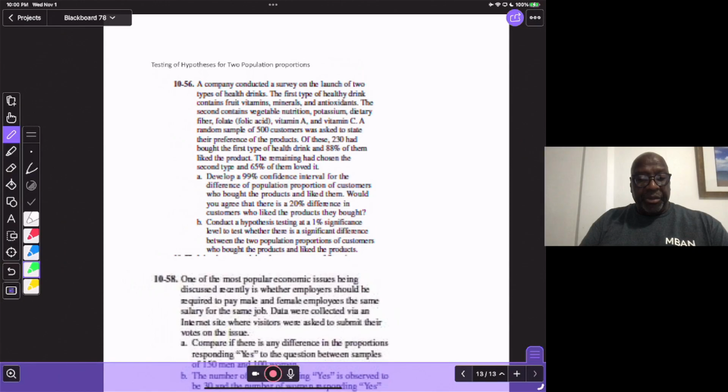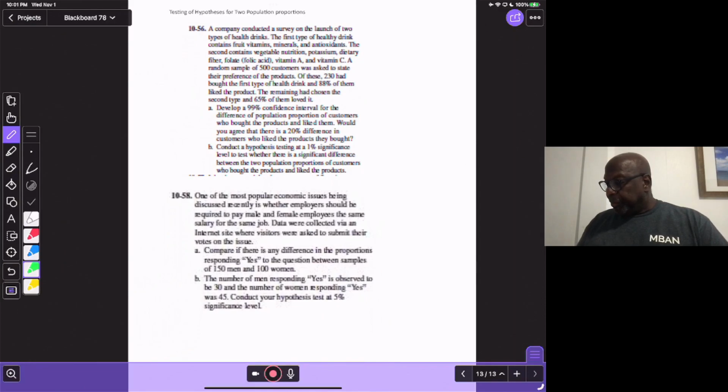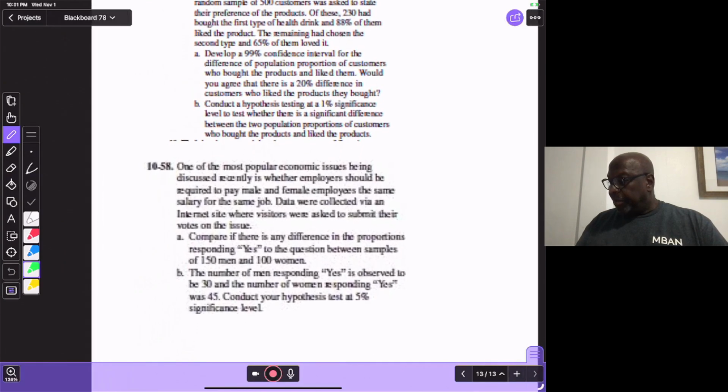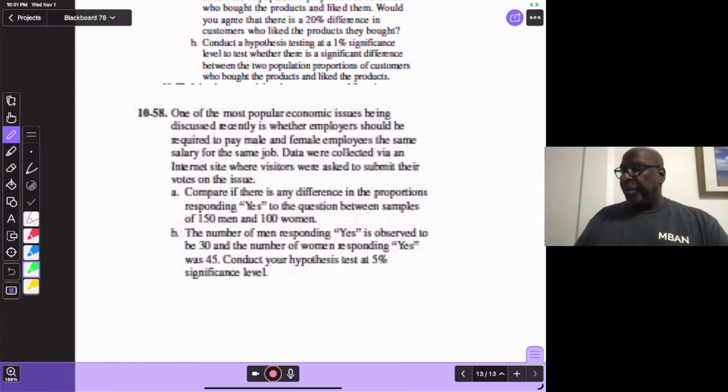Let's take a look and see if we're on the right page here. There are two problems here, and let's look at 1058 because of the context. I think the context is interesting.